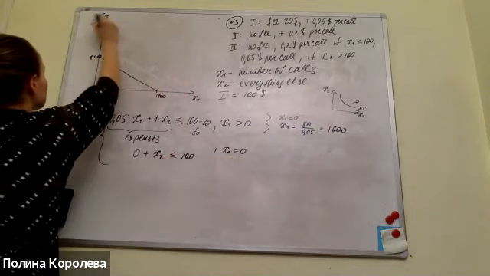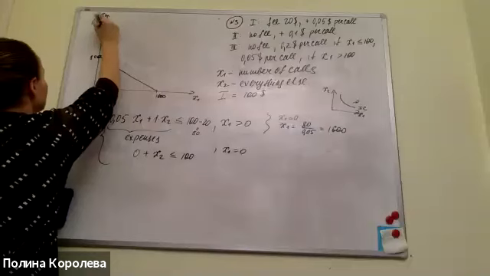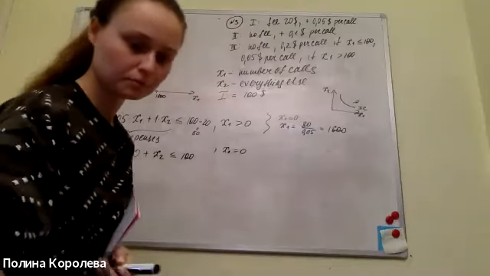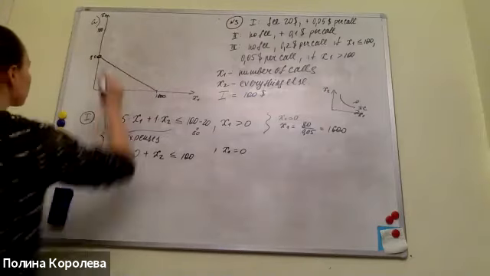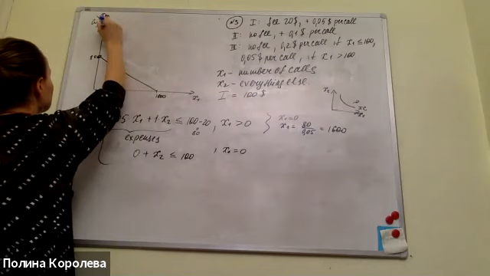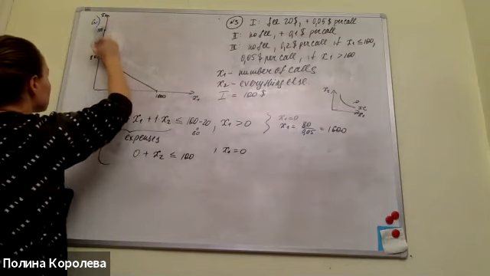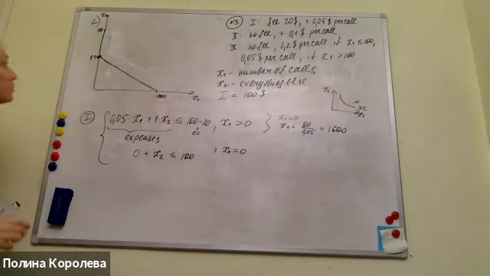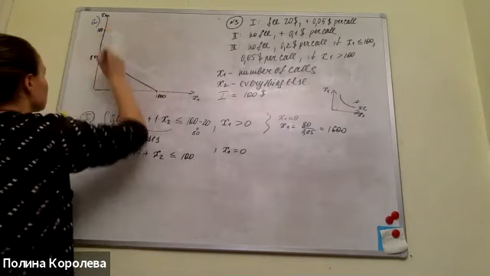So we start from 100, less or equal than 100 if x1 is equal to 0. So our budget set looks like this. This is for option 1.